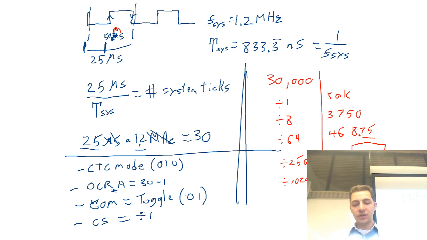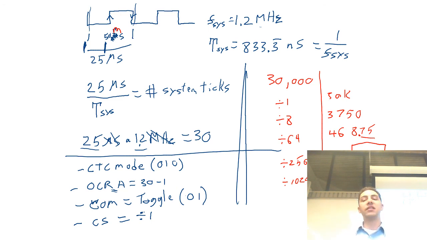The other way to attack this problem would have been to adjust your system clock frequency. So 1.2 megahertz, 1 divided by 1.2 megahertz gives us our system clock period. But if we have a divider, we're effectively just going to be multiplying that.